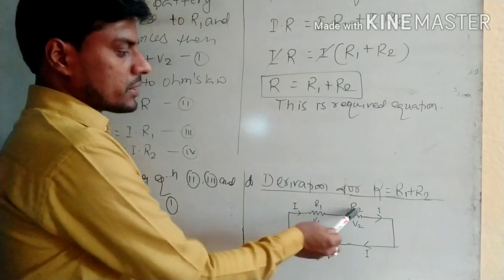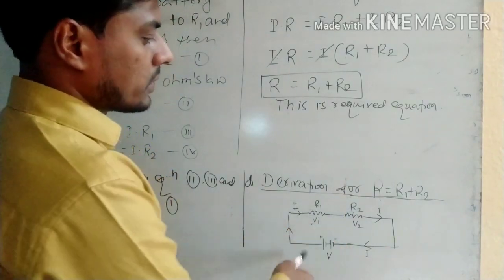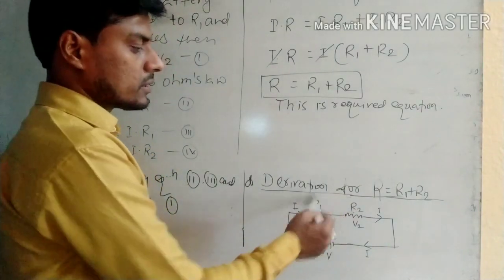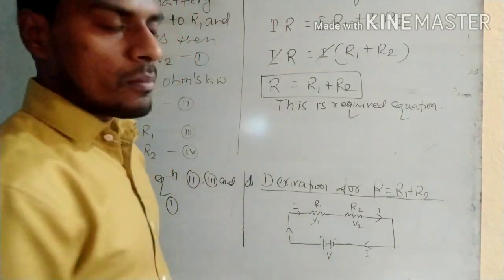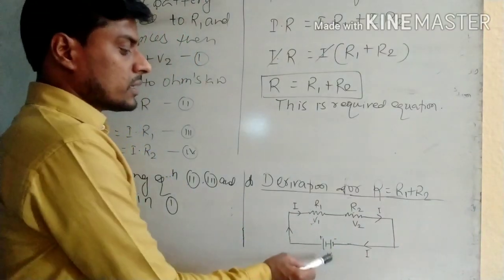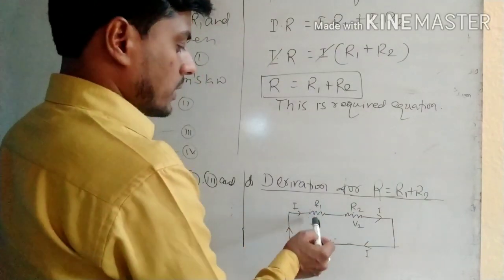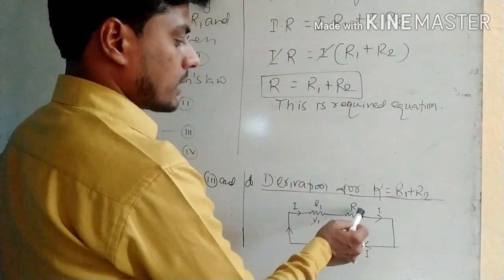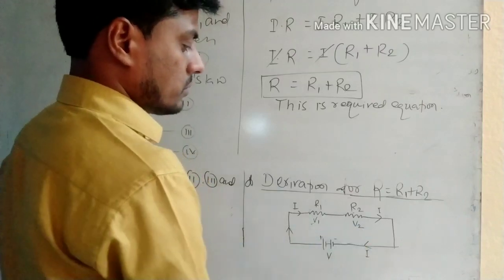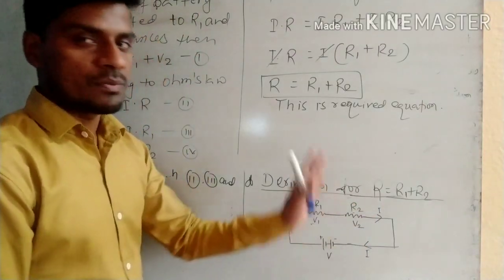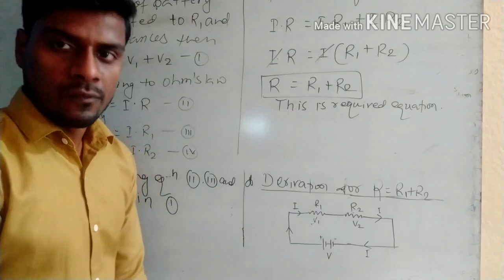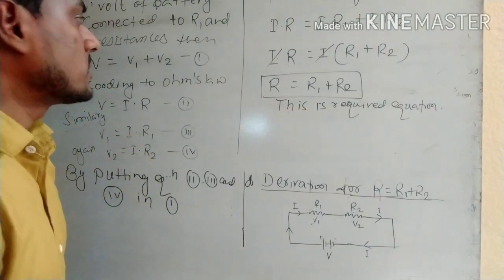There are two resistances R1 and R2 connected in series, and finally this combination is connected to a V volt battery. Then in this case the potential difference across R1 is V1 and across R2 is V2, but the current will be the same as per the rule for the combination of resistance in series.